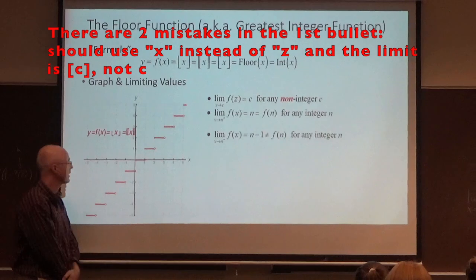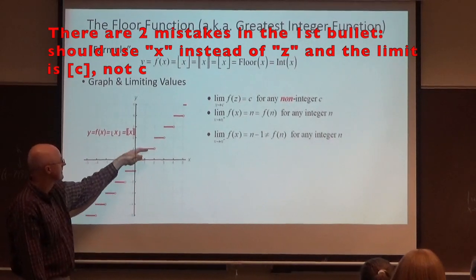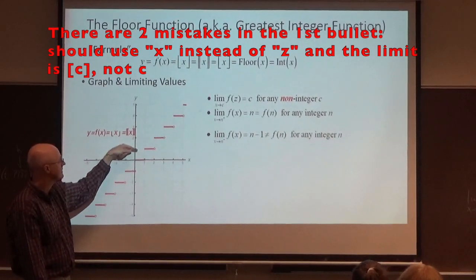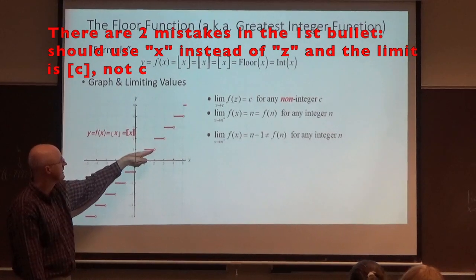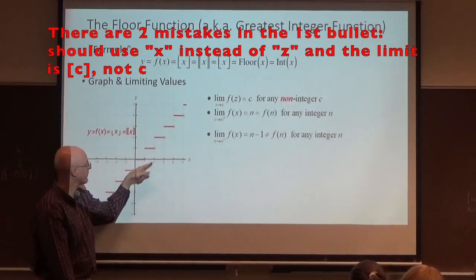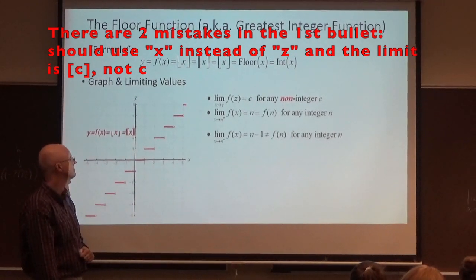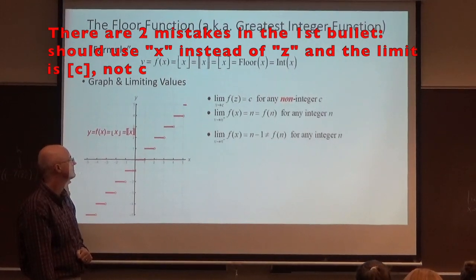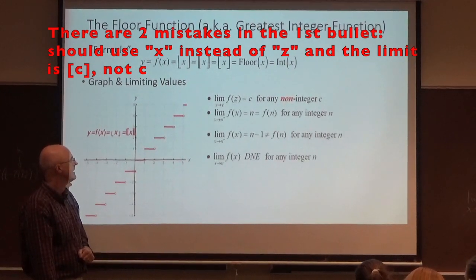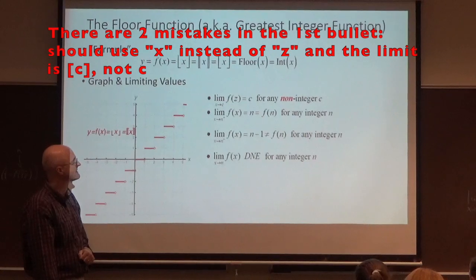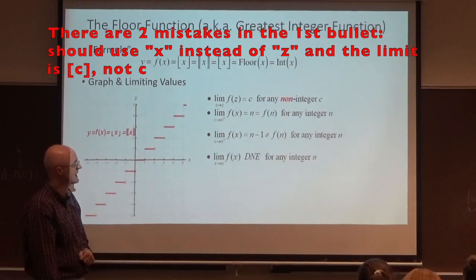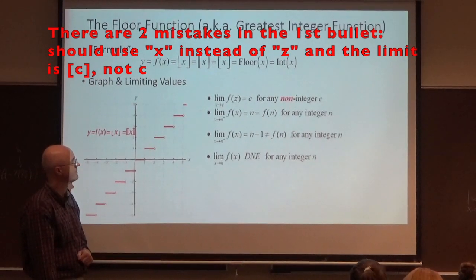Like if you let x approach 2 from the left, the limiting value is 1. Function values are 1. I'm not letting x equal 2 when I think about that. Because the left and right hand limits are not equal to each other, the two-sided limit does not exist for any integer n.